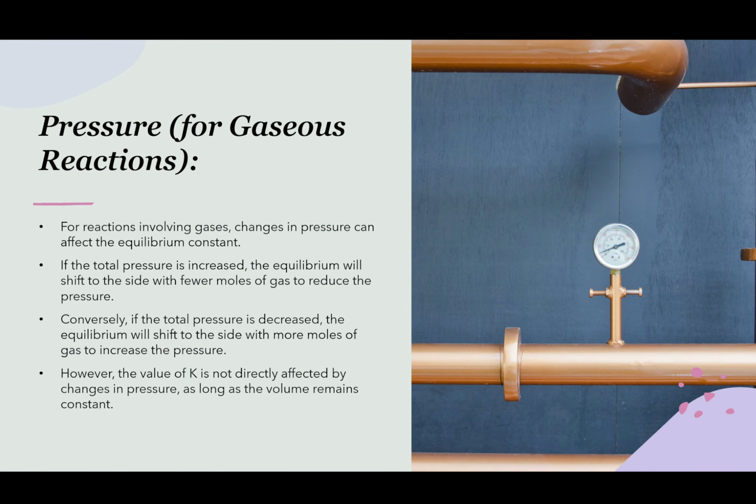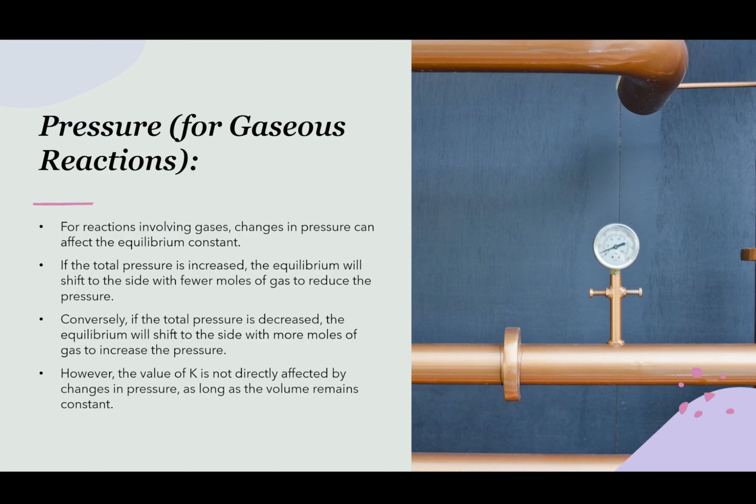Pressure. For reactions involving gases, changes in pressure can affect the equilibrium position. So if the total pressure is increased, the equilibrium will shift to the side with fewer moles of gas to reduce pressure. Conversely, if pressure is decreased, the equilibrium will shift to the side with more moles to increase the pressure in the system.